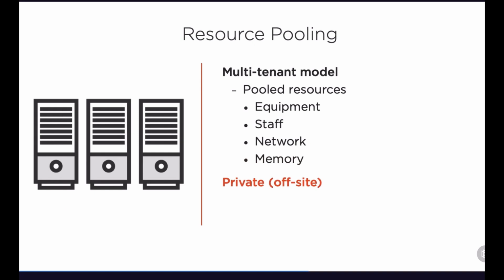We can, of course, have a private type of cloud off-site. Of course, on-site we can have one, but when we deal with private off-site, we're renting some floor space from a large cloud service provider, and we have our own equipment in there, maybe in a cage of some type, and the cloud provider provides all of the physical facility, network, power, heating, ventilation, air conditioning, physical access, but we don't have resource pooling.